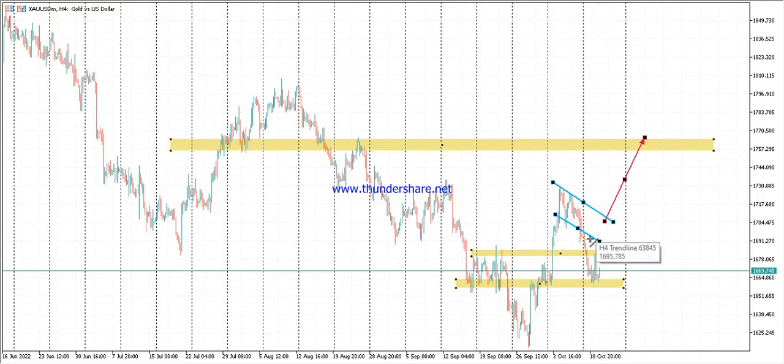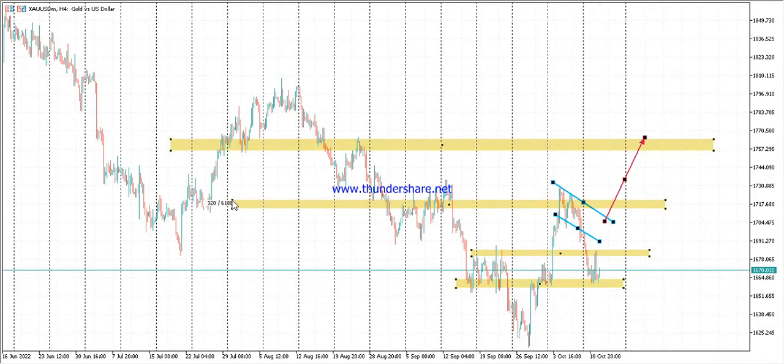It should come back and maybe jiggle a little bit in this channel, but then as soon as it breaks out around this area, we should be looking to take more buys. It's a confirmation that our move is valid around this area there.